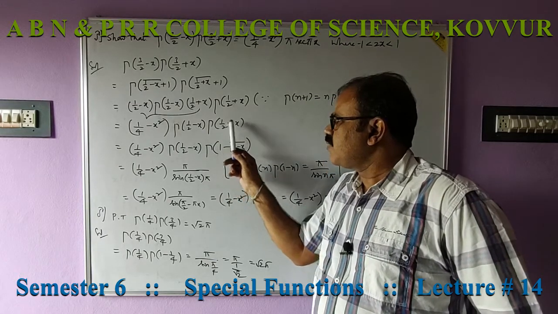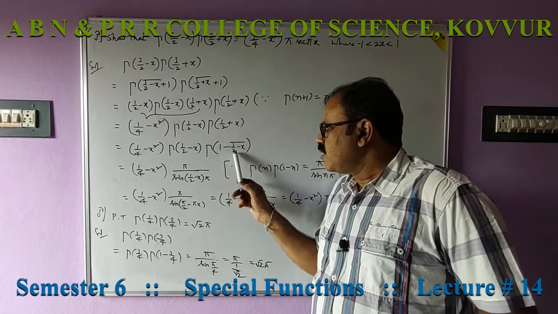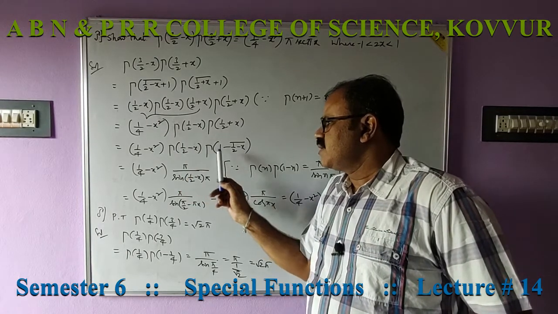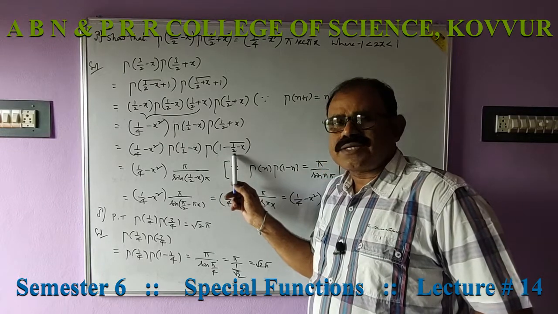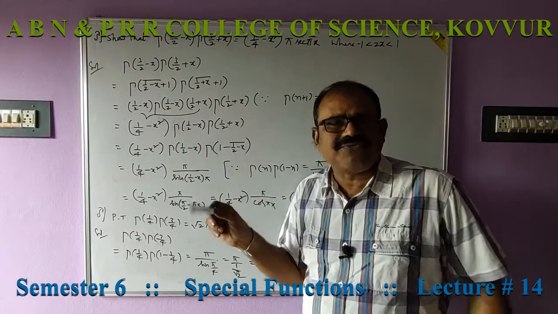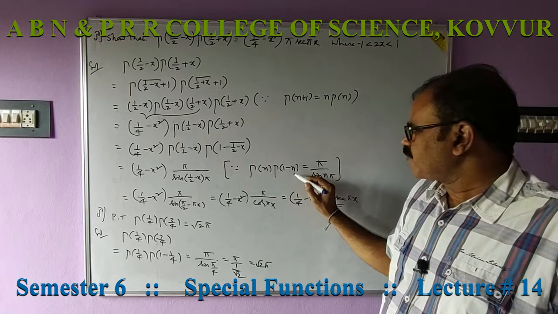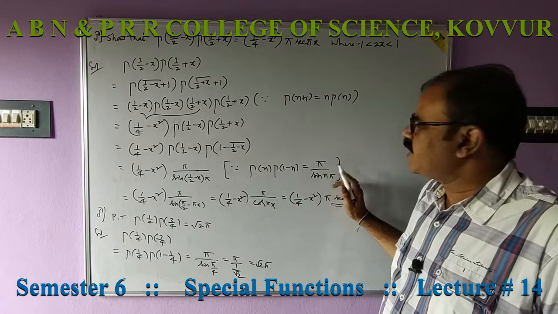So gamma 1 by 2 plus x can be written as gamma 1 minus of 1 by 2 minus x. This is gamma 1 by 2 minus x, and this is gamma 1 minus of 1 by 2 minus x. We have a standard formula which is gamma n into gamma 1 minus n is equal to pi by sine n pi.